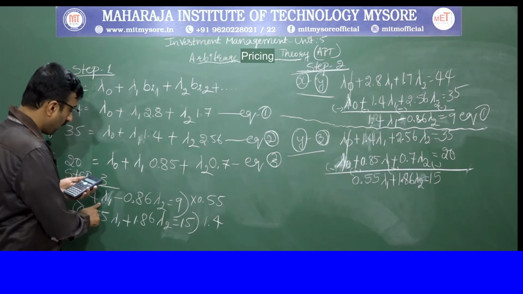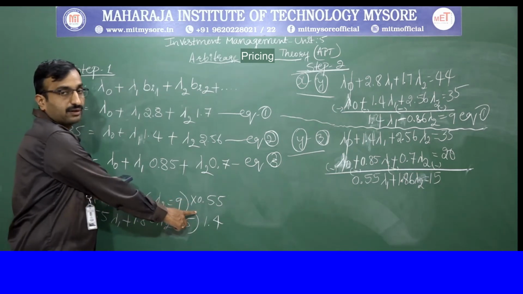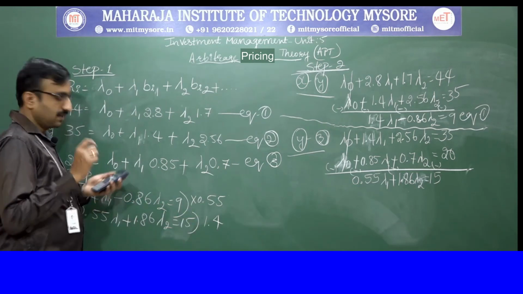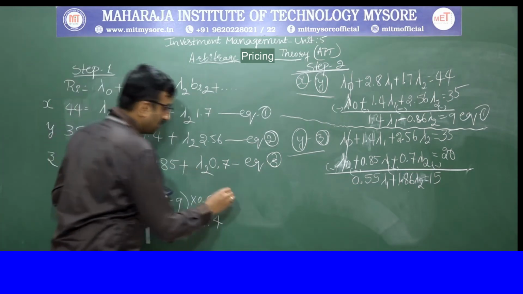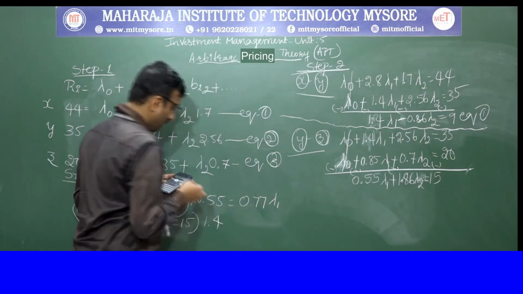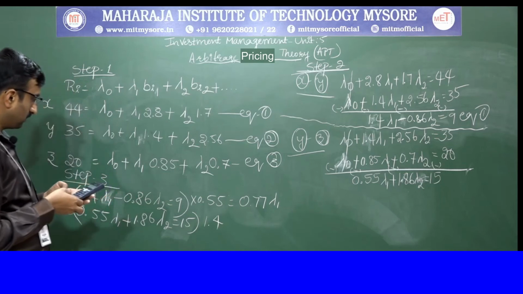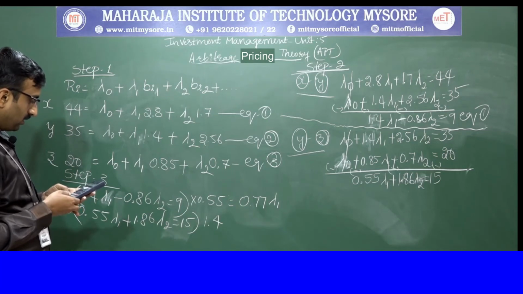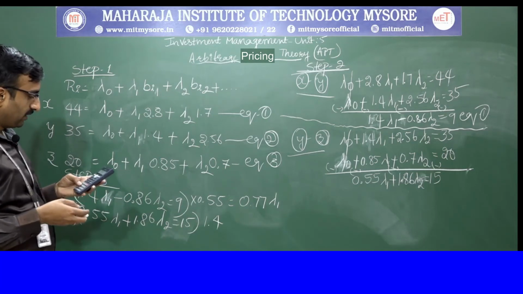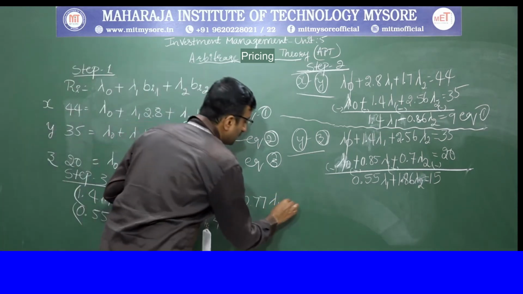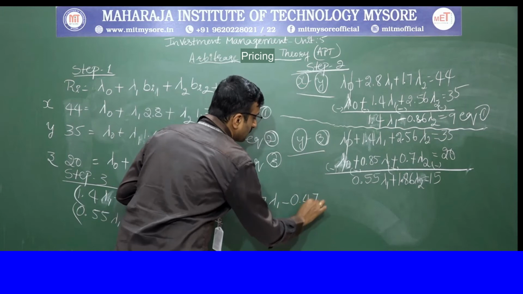So, 1.4 lambda 1 into 0.55 if you do, how much you will get? You will get 0.77 lambda 1. Then later on, 0.86 into 0.55 if you do, you will get 0.473 minus 0.473.